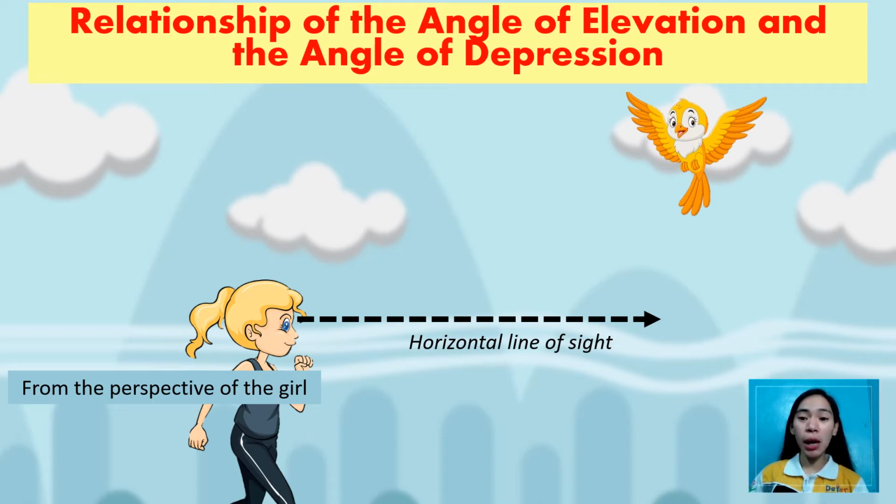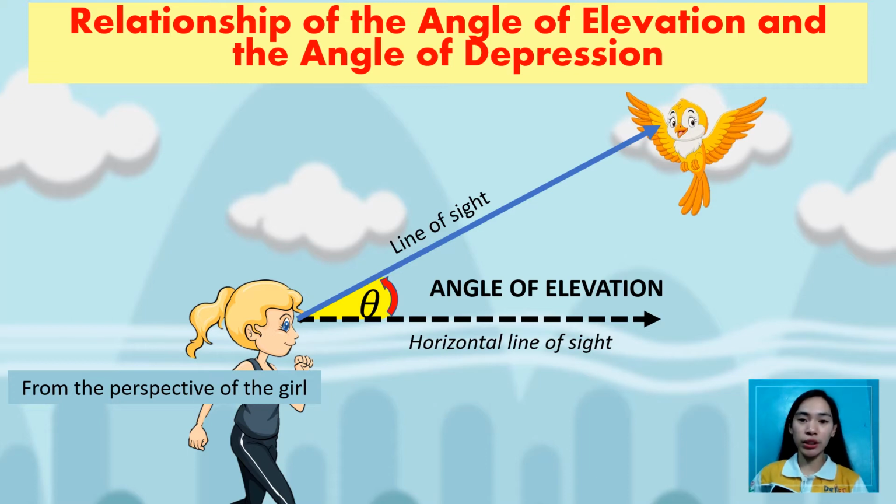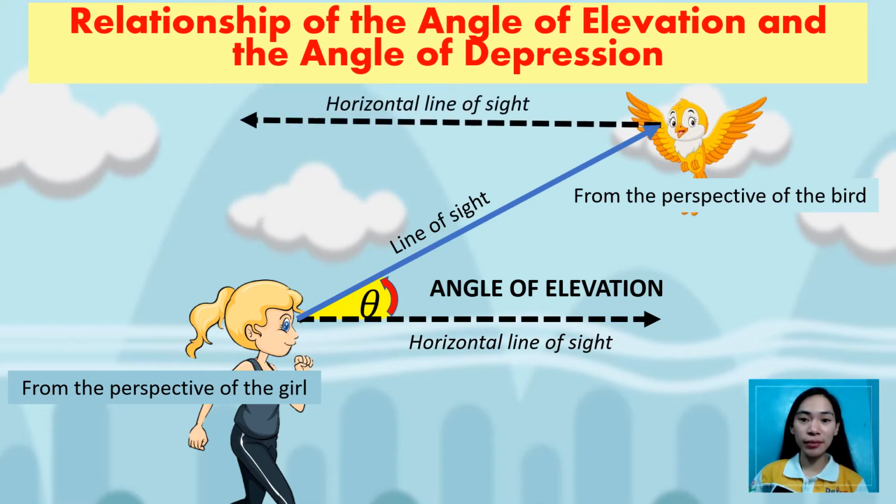If she looks up to the bird, it will produce a line of sight and it makes an angle of elevation. Now, from the perspective of the bird, again, let us draw a horizontal line of sight. If the bird looks down to the girl, it will produce an angle of depression.